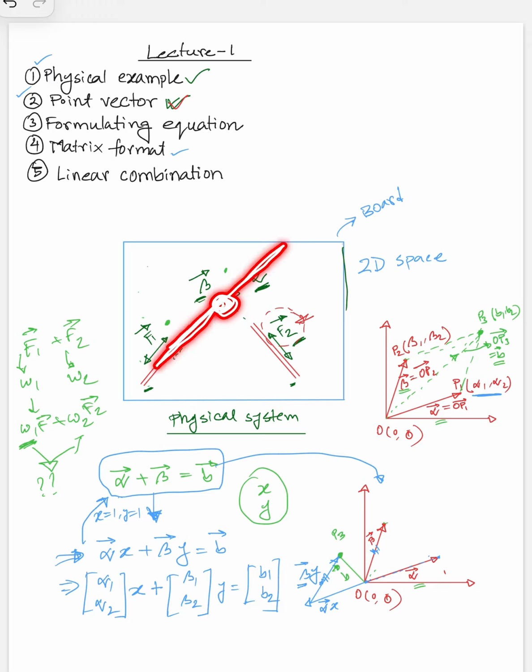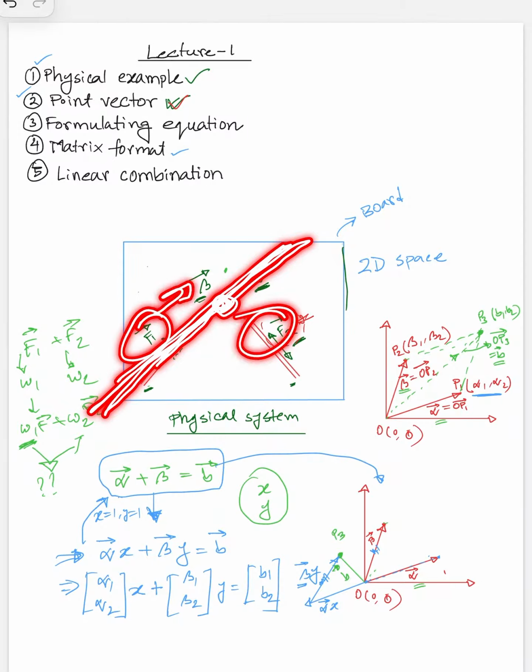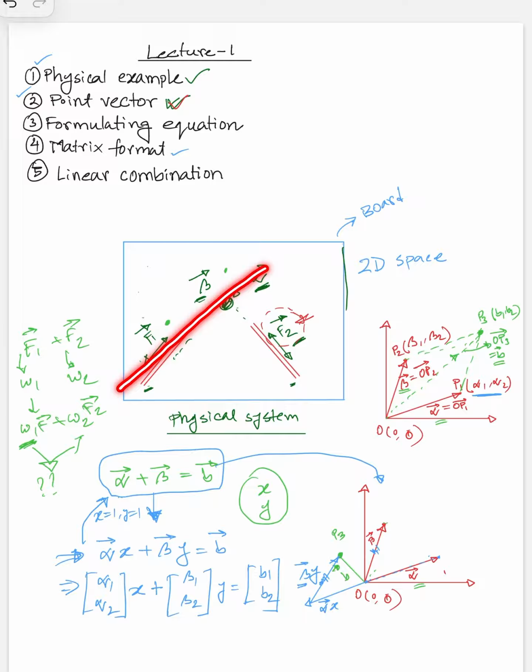It can only be moved along this direction, because when f1 and f2 are in the same direction, the displacement can only be along this direction. But if there is a slight angle difference between f1 and f2 by an angle theta, then we can create two different vectors, and by scaling these two vectors and summing them up, we can achieve any single point on this space. This same concept applies for 3-dimension, 4-dimension, and n-dimensional space where it's difficult to understand.